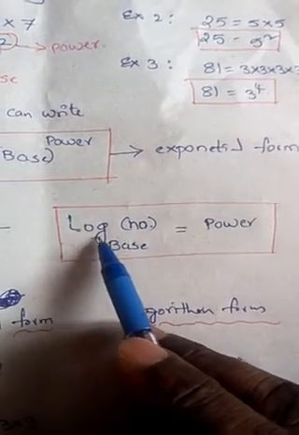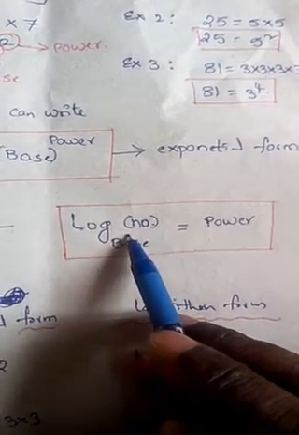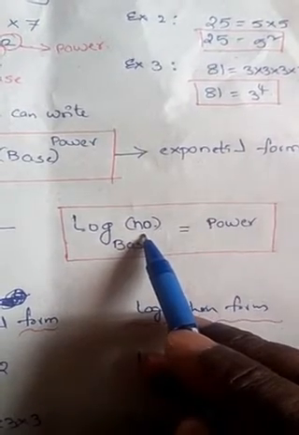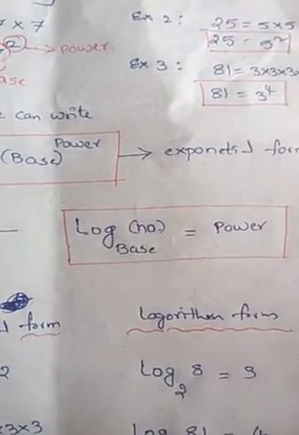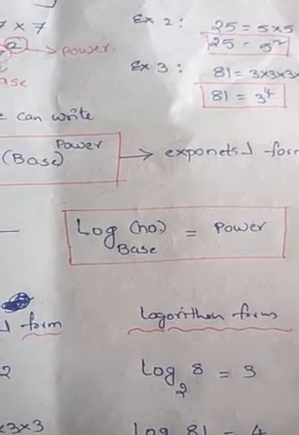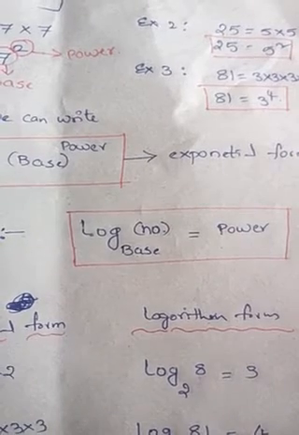After writing log, we should write a number, and this number we take from exponential form. From exponential form we write the logarithm form.